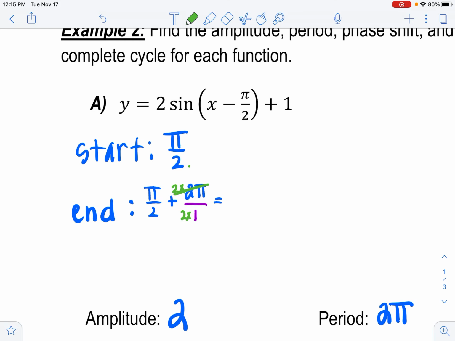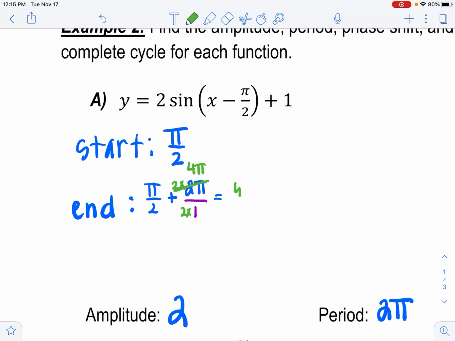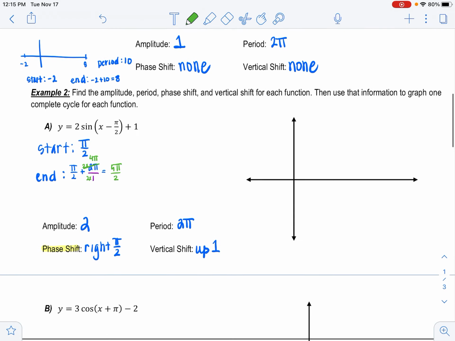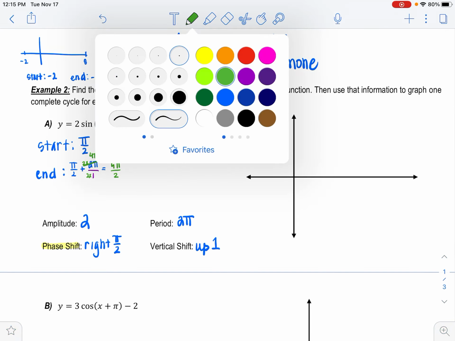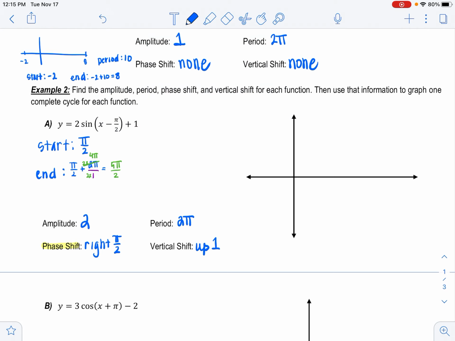I'm going to multiply this by 2. This becomes 4 pi over 2. 1 pi over 2 plus 4 pi over 2, this is going to end at 5 pi over 2. So now I know that my first tick mark is going to be at pi over 2. So to the right of my y-axis, I'm going to put pi over 2.